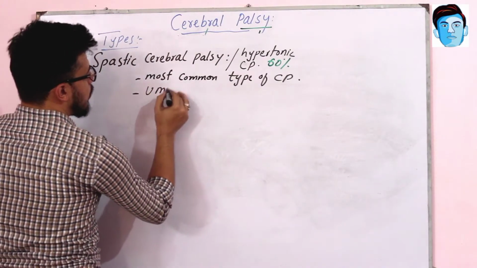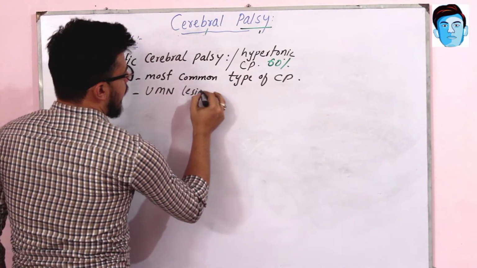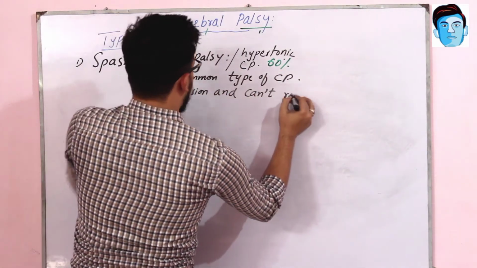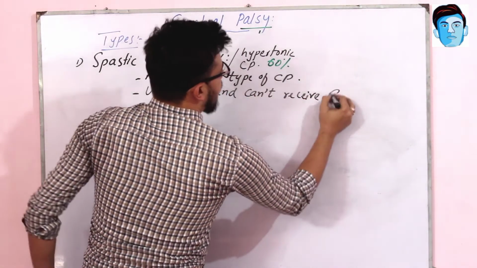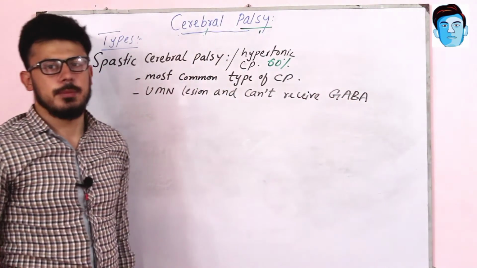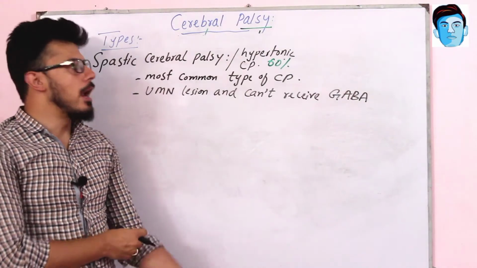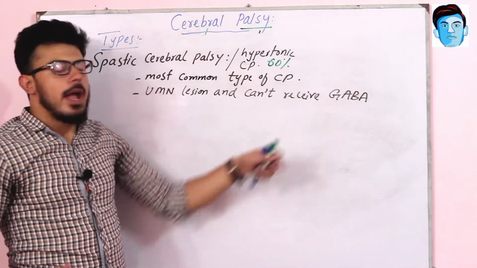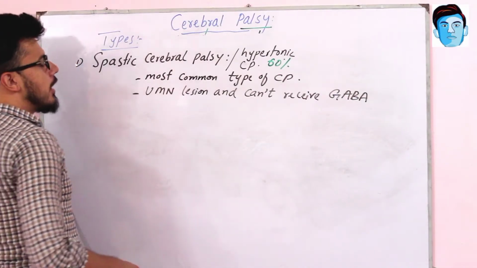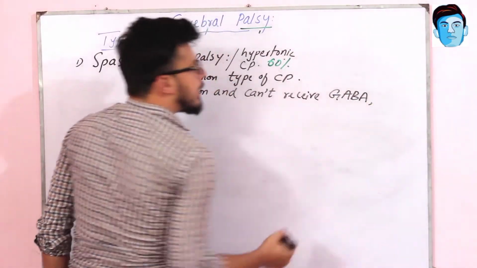Actually it is an upper motor neuron lesion and can't receive GABA. GABA is the inhibitory neurotransmitter. So if it can't receive the GABA, it means that the electrical impulses are generated highly.